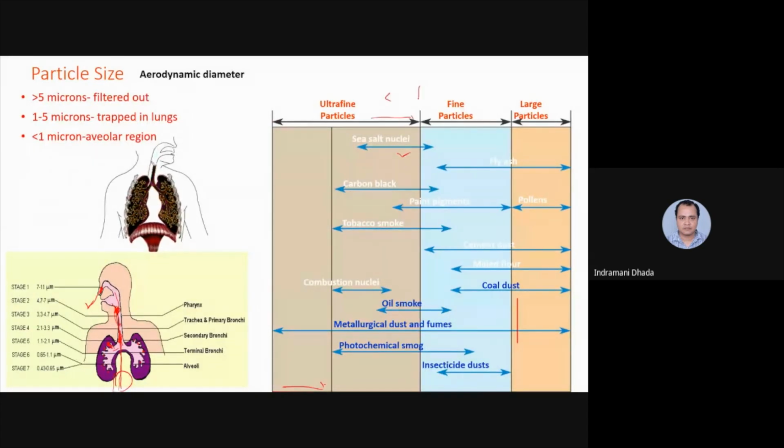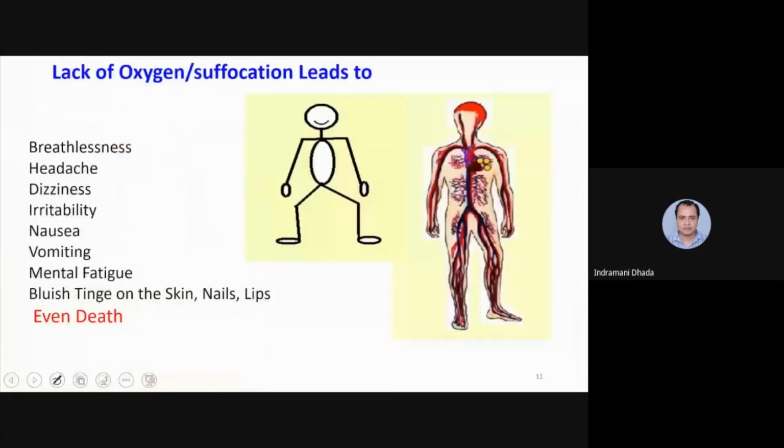Fine particles means PM 1 to 2.5, and larger particles means more than 2.5 to 10. Like fly ash, the particle size is here. Pollens have a certain particle size. Tobacco smoke gives you a certain particle size range, like this. So it has already been studied, and that has been represented here.